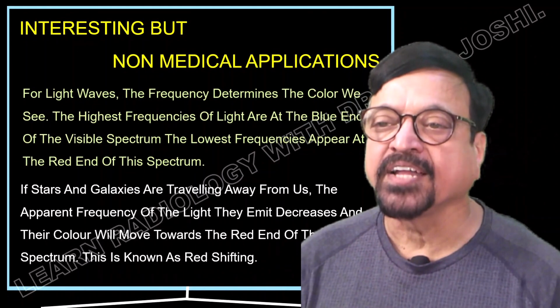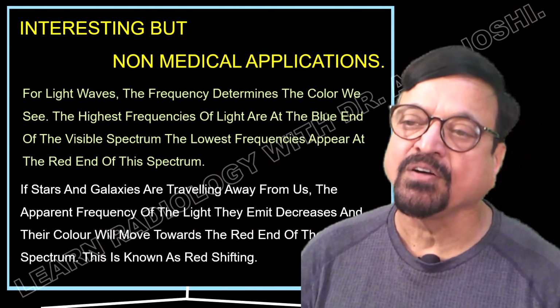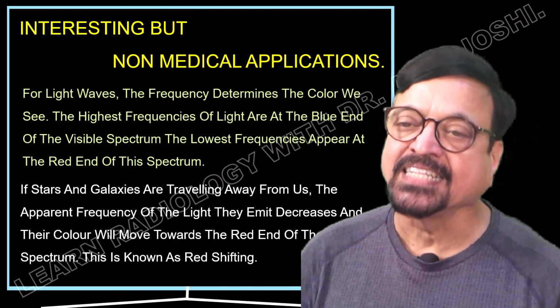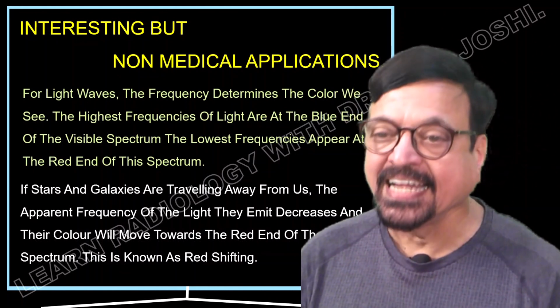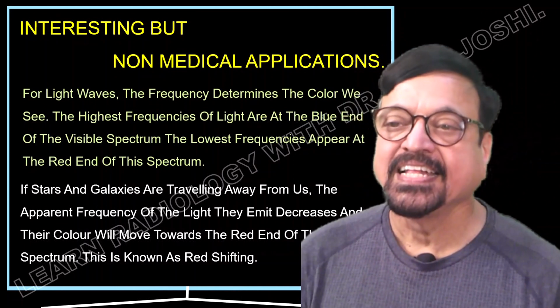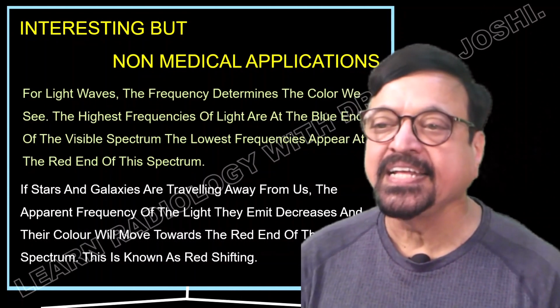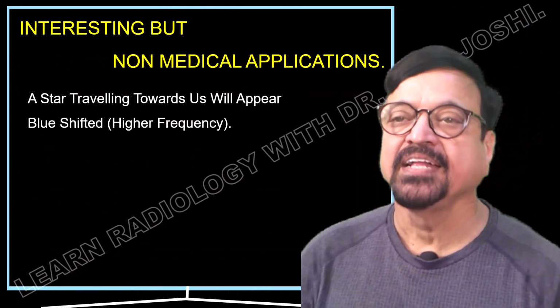If stars and galaxies are traveling away from us, the apparent frequency of the light they emit decreases and their color will move towards the red end, that is the red shift. This is known as red shifting, that will show where the galaxies are moving away.